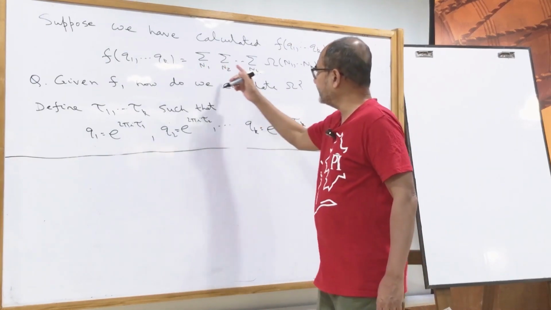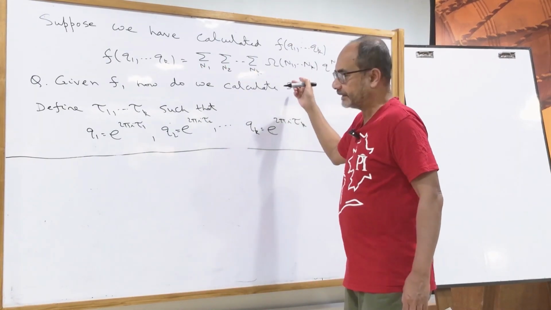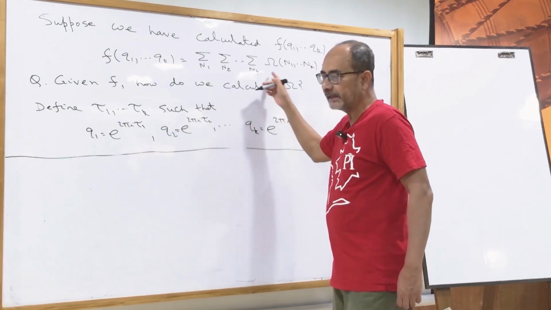And then we can rewrite this as a Fourier expansion. If you introduce these variables, then this becomes like a Fourier expansion.